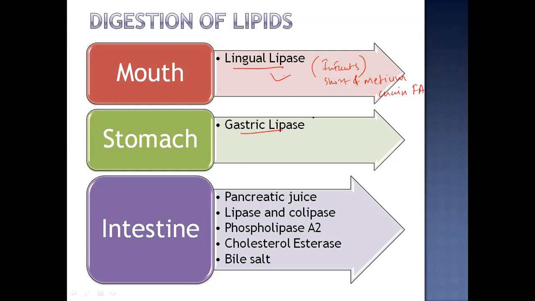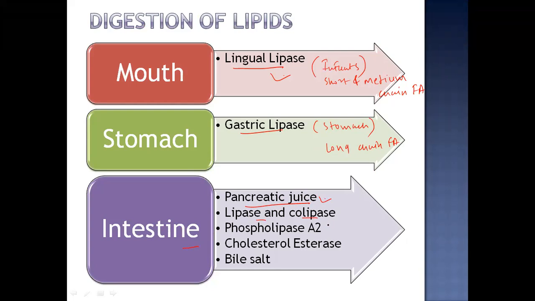Second enzyme which will be helpful is the gastric lipase. As its name suggests, it will be present in the stomach. It will be secreted by the parietal cells of the stomach. It is helpful in digestion of long chain fatty acids. Third organ which is involved in digestion is the intestine, where the main enzymes will be lipase and colipase, which are part of pancreatic juice.